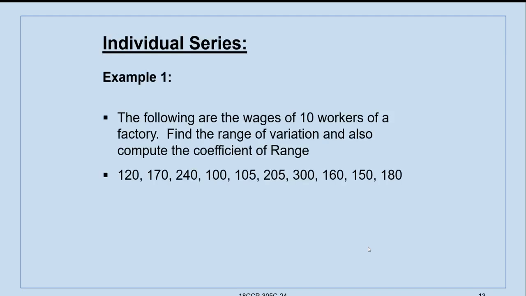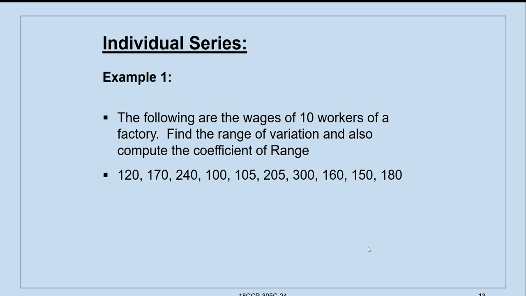For example, in the following example, we have wages of 10 workers in a factory. So first we will find out the range of variation. Range of variation means the difference between the highest value and the smallest value. And also we will calculate the coefficient of range.